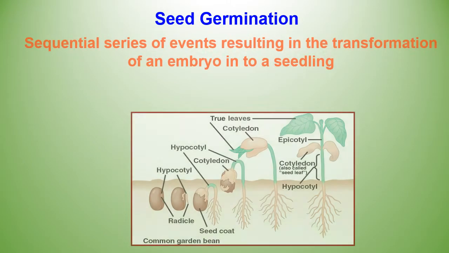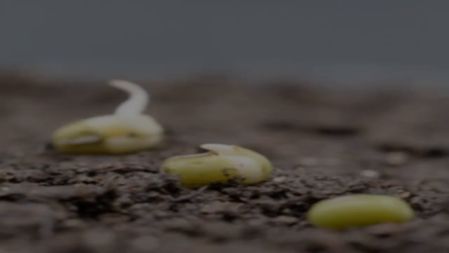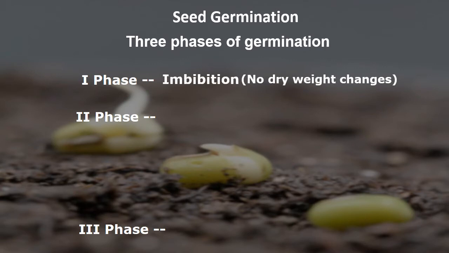Seed germination. The definition of seed germination is that it is a sequential series of events resulting in the transformation of an embryo into a seedling. Three phases of seed germination. In first phase, imbibition occurs where no dry weight changes. In imbibition process, the seeds start absorbing water and results in swelling.